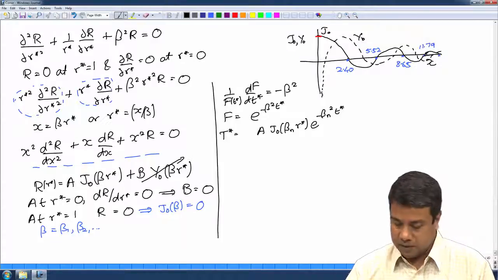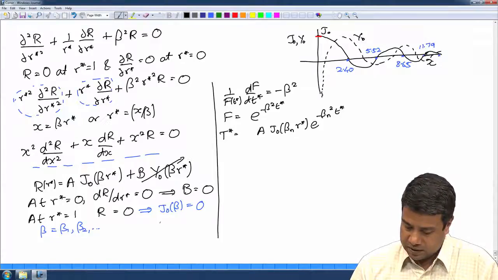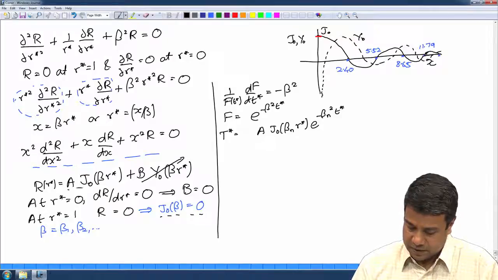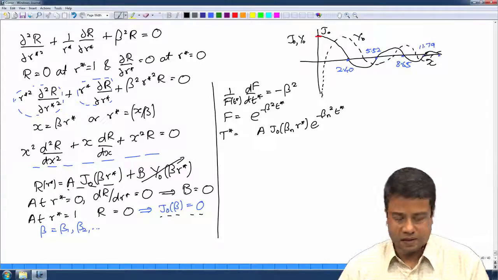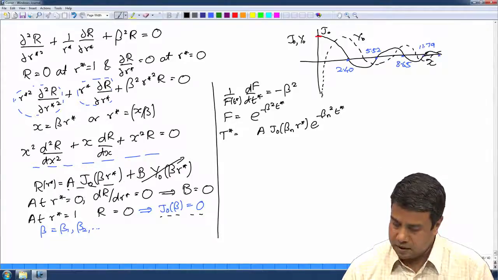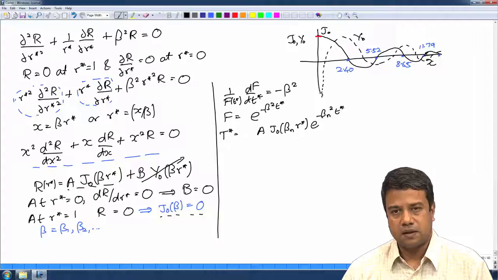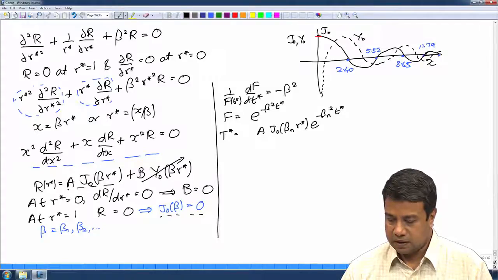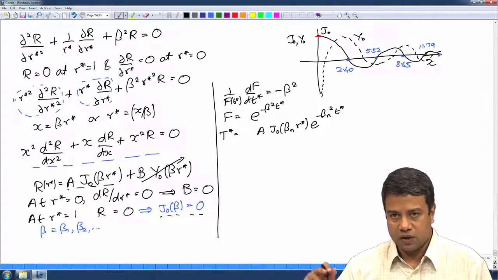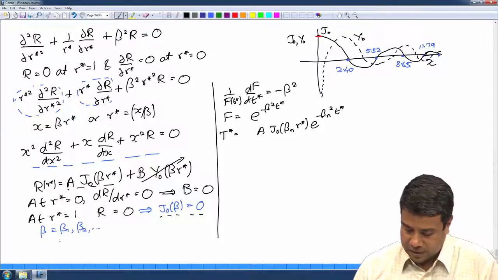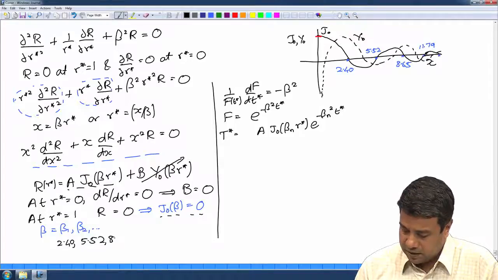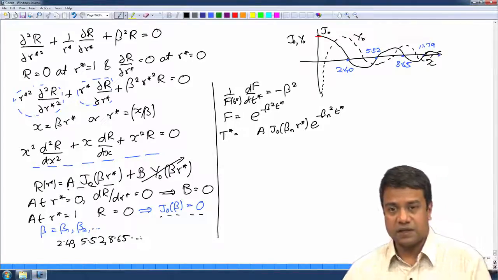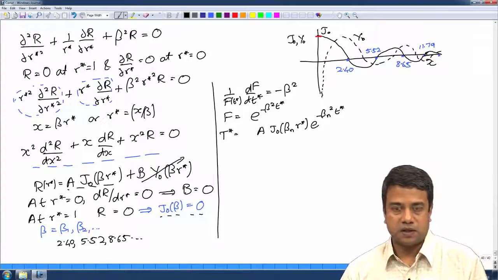A combination of the solution for the radial coordinate, with beta having discrete values, so that the boundary condition at R equal to 1 is satisfied, and the exponential in time. Of course, any function with one of these discrete beta n's, that is 2.4, 5.52, 8.65, etc., any one of these satisfies both the boundary conditions.